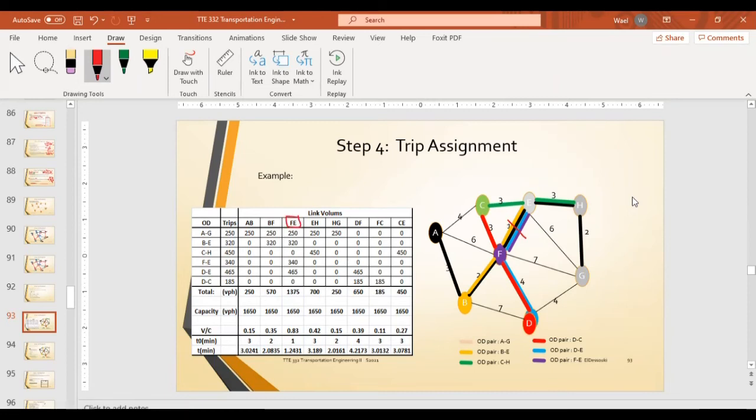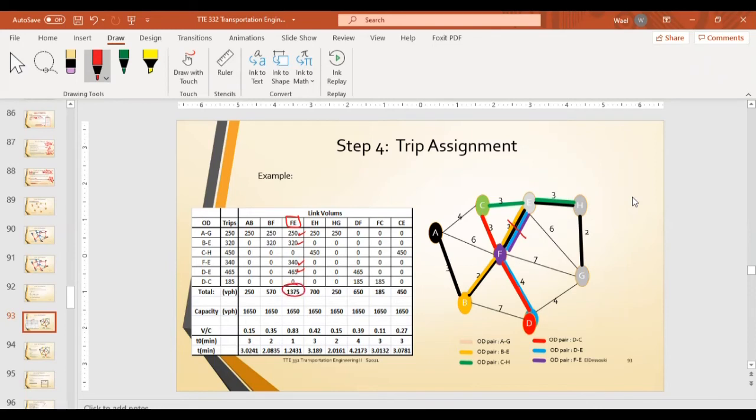So we have for OD pair AJ, this volume going through that link. FE, this volume is going. DE, D to E, that's the blue line. So the total volume on that link is basically the sum of all these volumes.